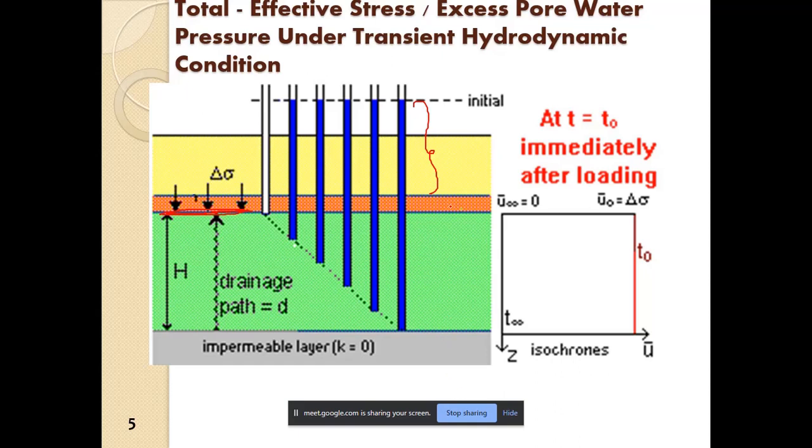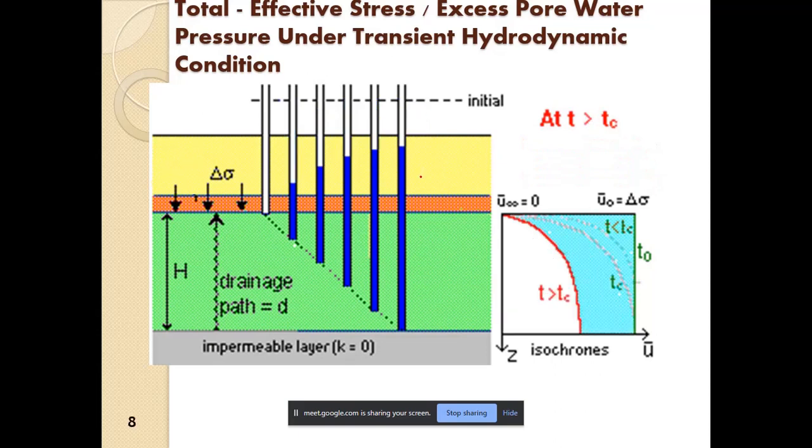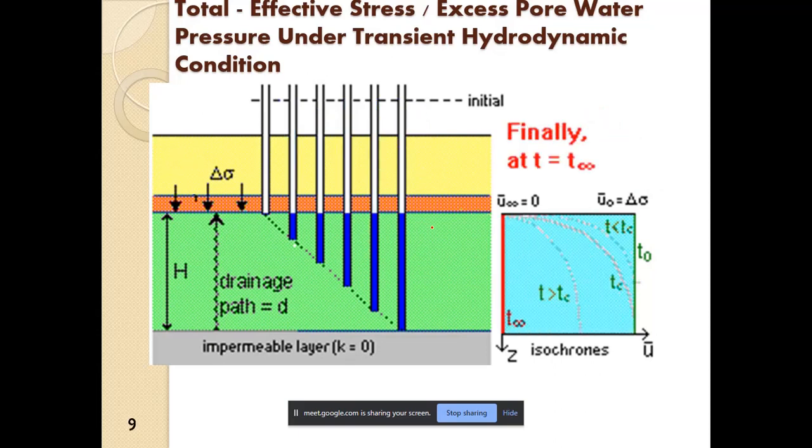We need to analyze how it rises, why it rises, and what is the magnitude of the rise. As soon as we load the soil, first there is a rise in the pore water pressure, and that pore water pressure will slowly dissipate with time, and ultimately the final stage will be the same as the initial stage, but here we will have the additional load still acting on the soil.